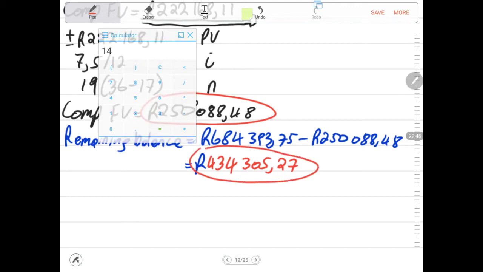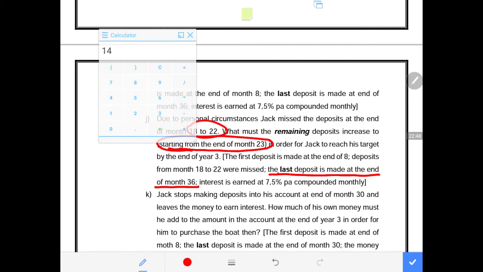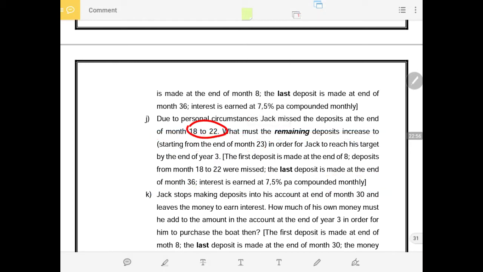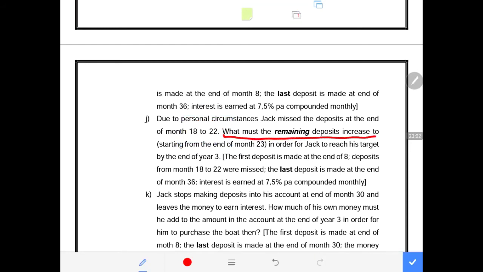The question is how much these payments must amount to. What must the remaining deposits increase to, starting from the end of month 23, in order for Jack to reach his target?